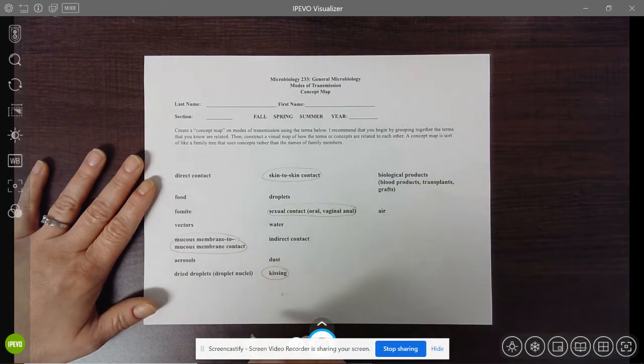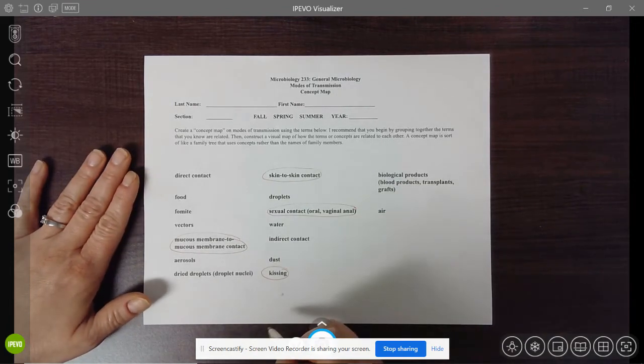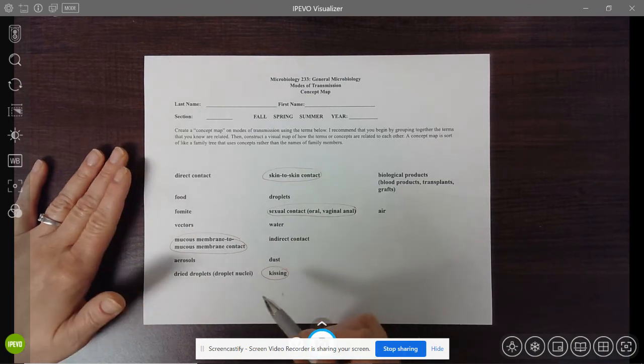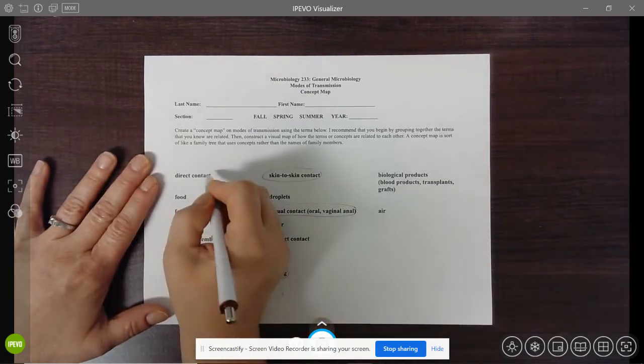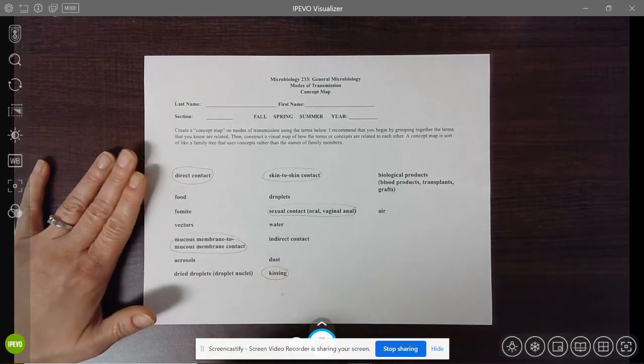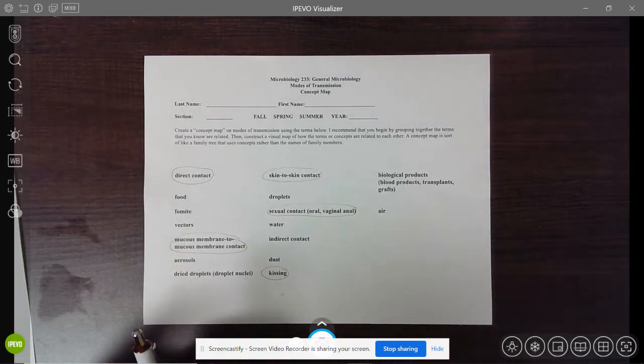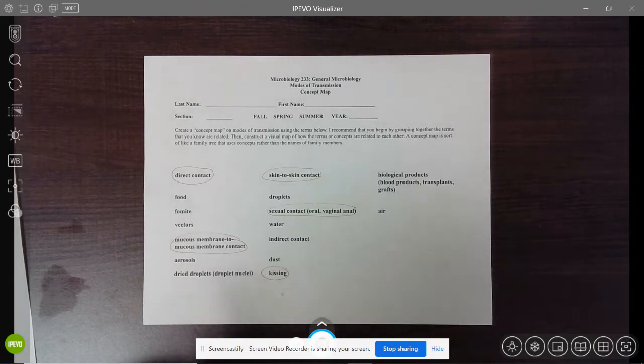All of those things are pretty close forms of contact. And when you look at the rest of the terms, we have a term for this, which is called direct contact. So sometimes these are called close contacts, but for the majority of sources, you're going to see these referred to as direct contact. So you know that those kind of belong together.